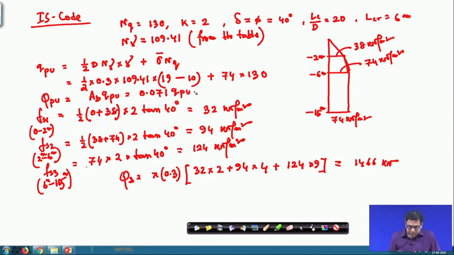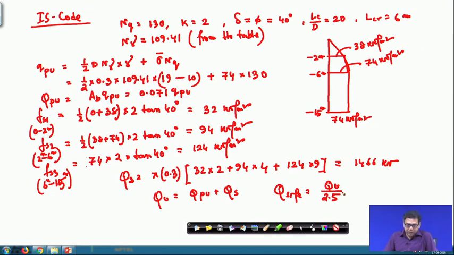So, finally, you add these two, then you will get the Q_pu plus Q_s, and the Q_safe is equal to Q_u divided by 2.5. So, you add these two and you will get the value of safe load carrying capacity based on the IS code.